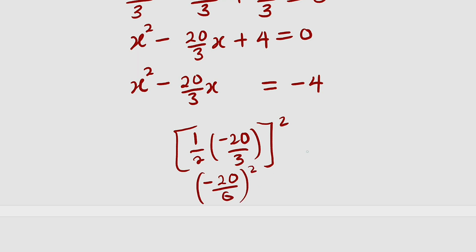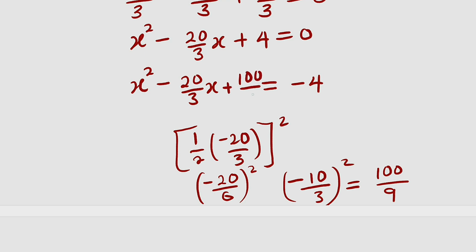But 2 can go into 20 how many times? 10 times. And 2 can go into 6 3 times. So this is what we're going to square. And this will give us 100 divided by 9, right? So we add 100 divided by 9. We do the same thing on the right, add 100 divided by 9.